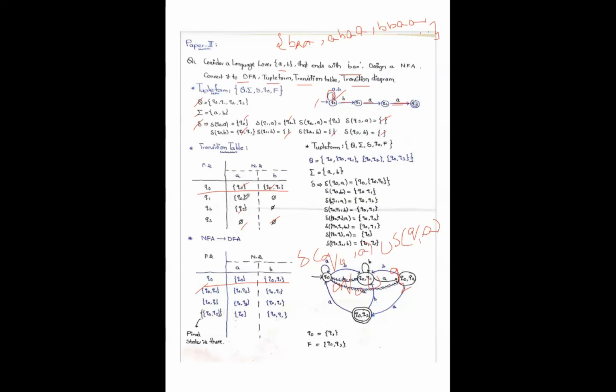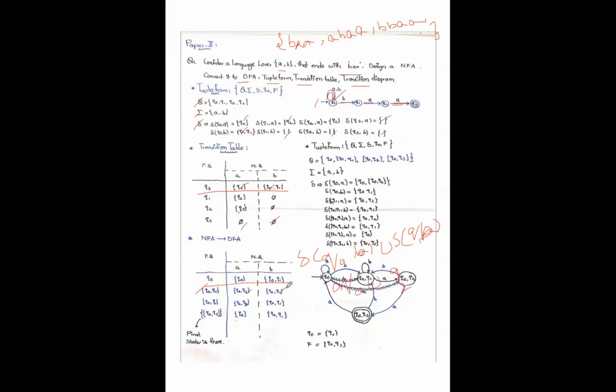Q1 on input symbol A is Q2. So we got Q naught Q2. Then Q naught Q1 on input symbol B: in place of A, place B. Q naught on input symbol B is Q naught Q1. Q1 on input symbol B is phi. So we'll get Q naught Q1.